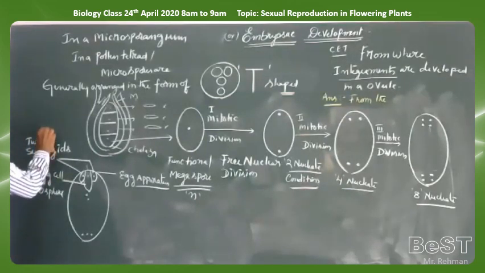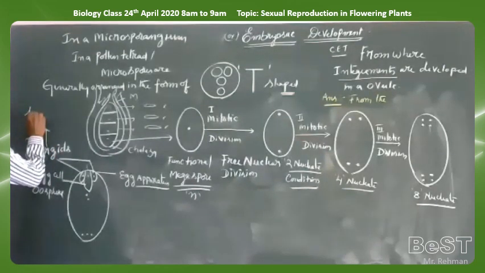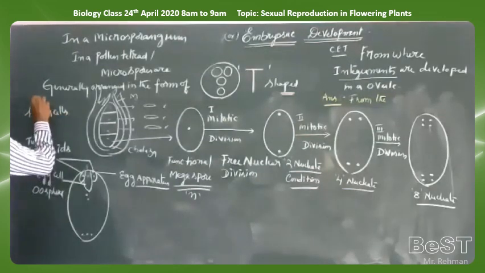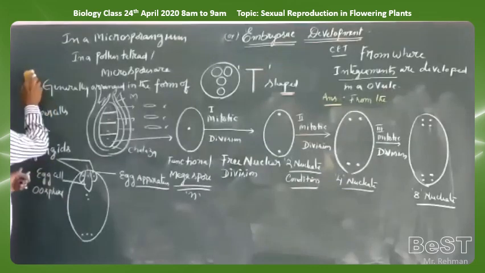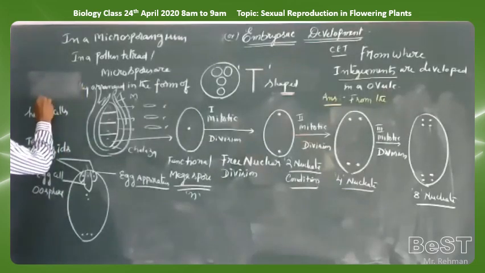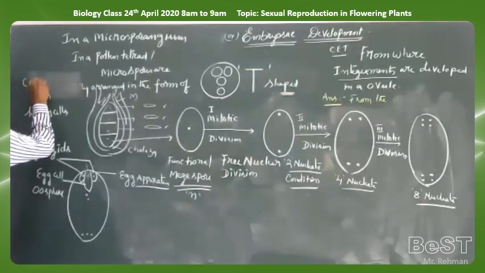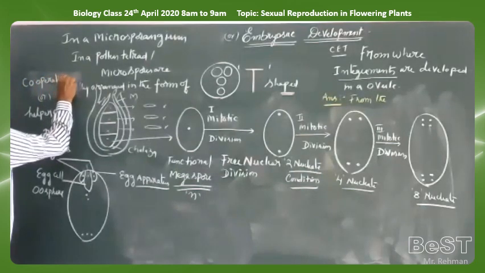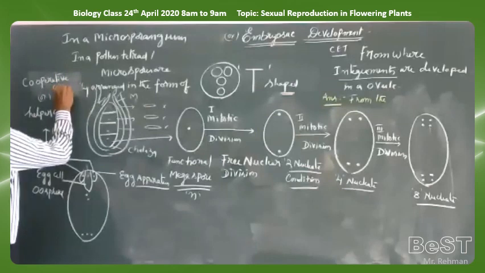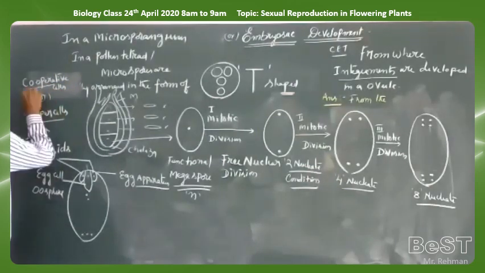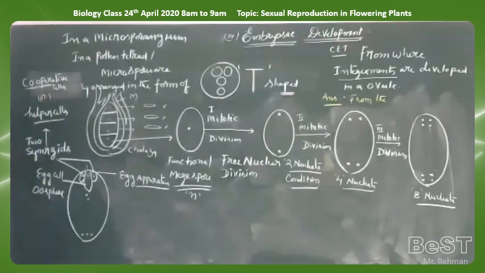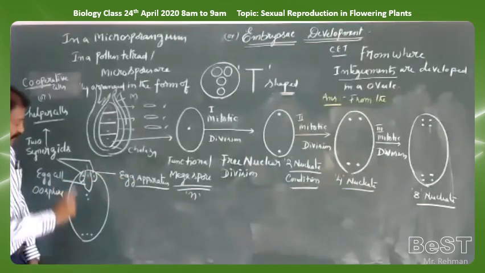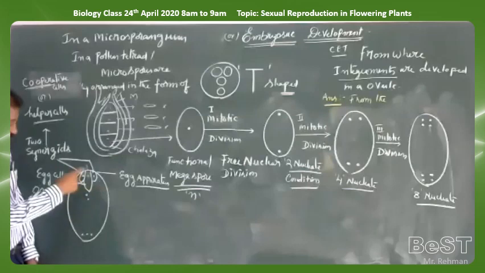Synergids are also called helper cells or cooperative cells. We will see what these helper cells are. So the egg apparatus is made up of 3 cells after cell wall formation.